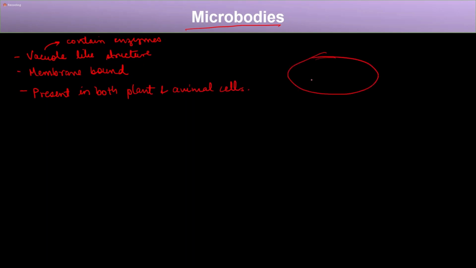Okay. And these microbodies are present in both plant and animal cells. So this is a vacuole, and it contains a particular enzyme, and this is why it is known as a microbody. One example of a microbody is the peroxisome. The peroxisome is an organelle that looks like a vacuole, and it contains enzymes.